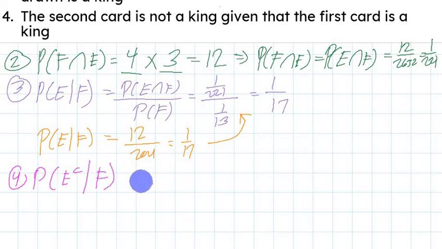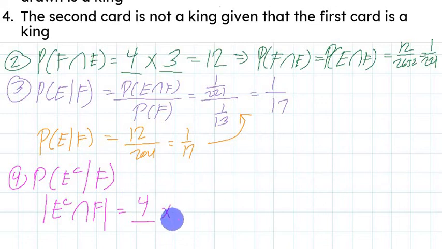If we imagine the scenario, if the first card is a king, that would be 4 possible chances of happening.